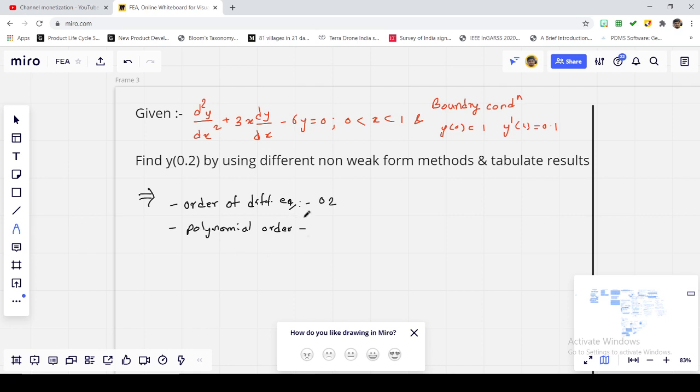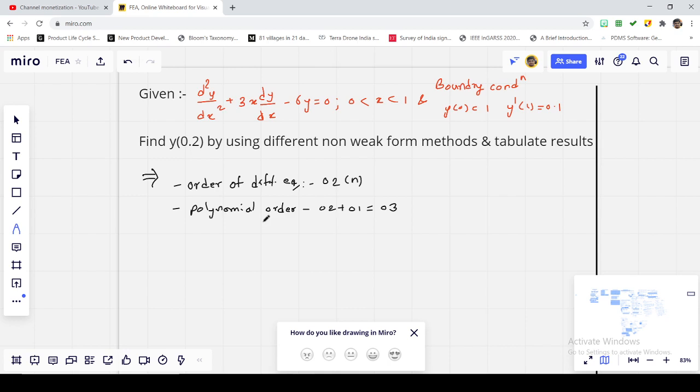The polynomial order will always be n plus 1. So if the order of the differential equation is n, the polynomial order will always be n plus 1. So we need to assume a third order polynomial.